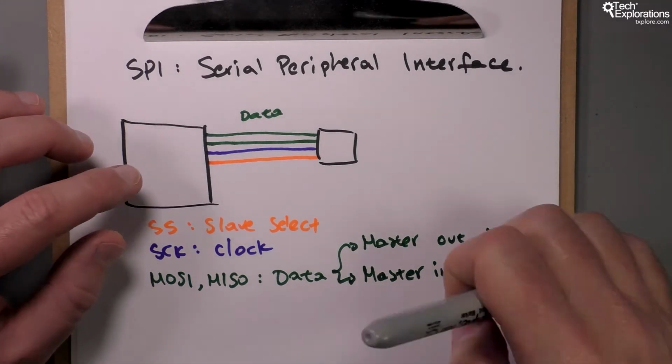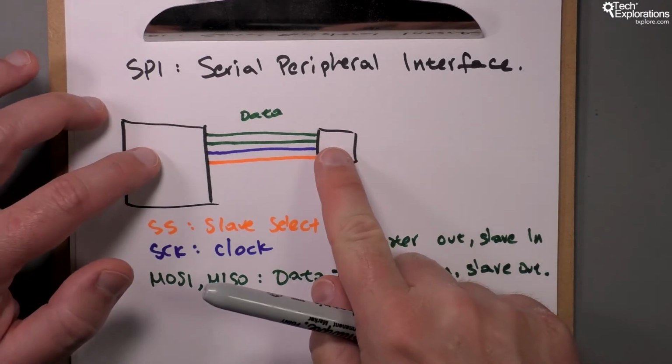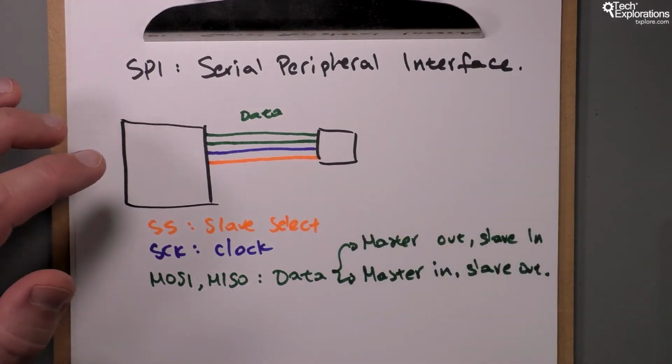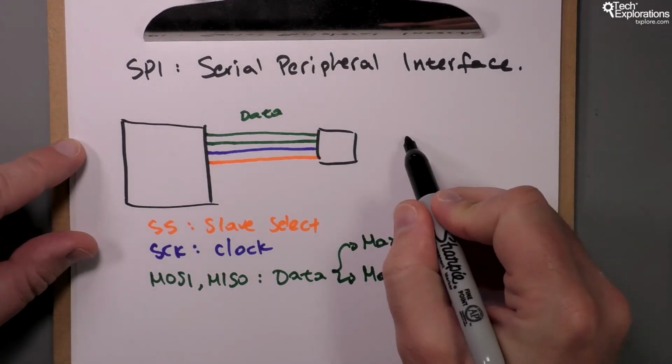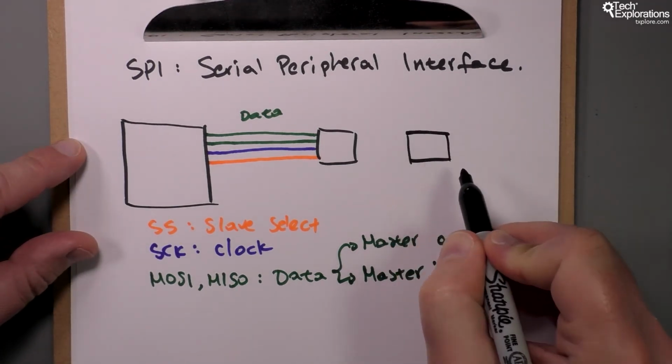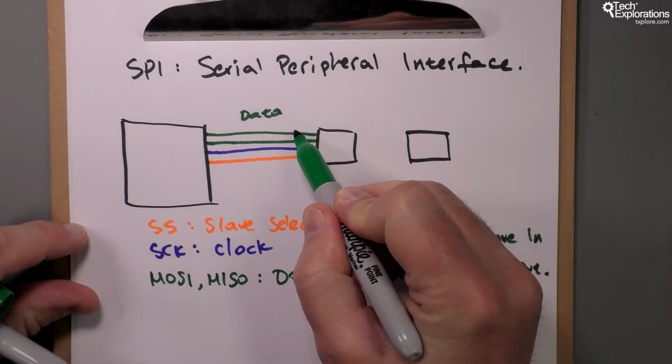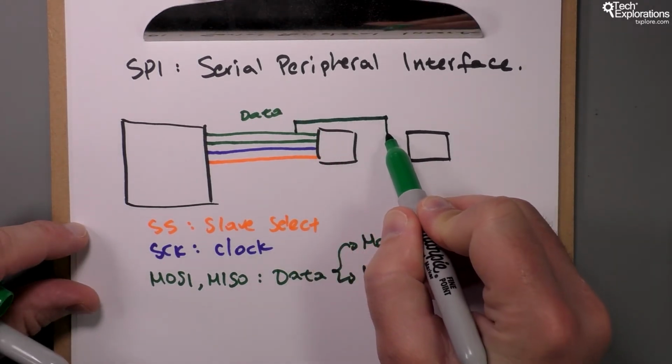Now what happens if you want to have multiple SPI devices connected? Let's say that you have perhaps an SD card reader that allows you to store data readings from a sensor onto an SD card in order to implement something like a data logger. So what you do in this case is that you can share the data lines.